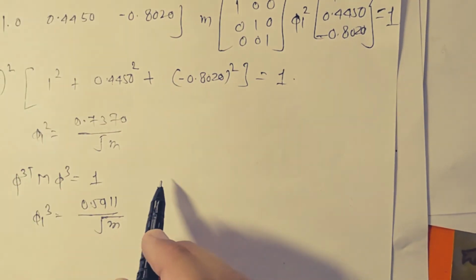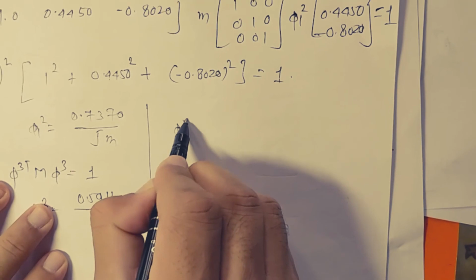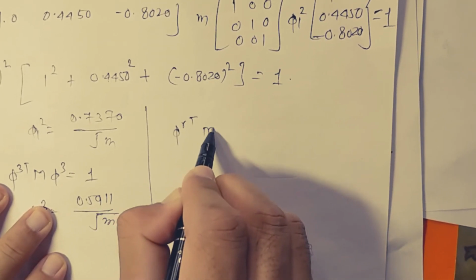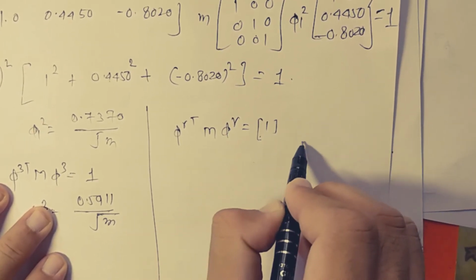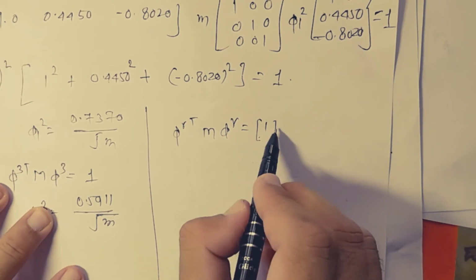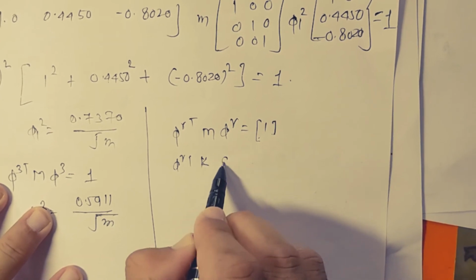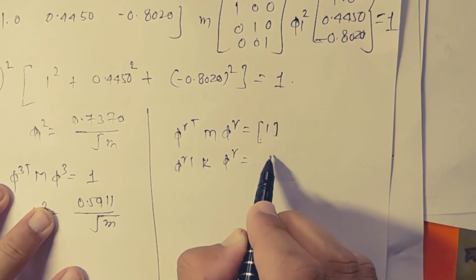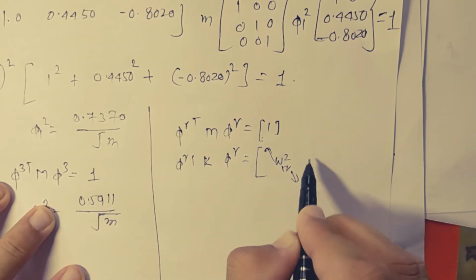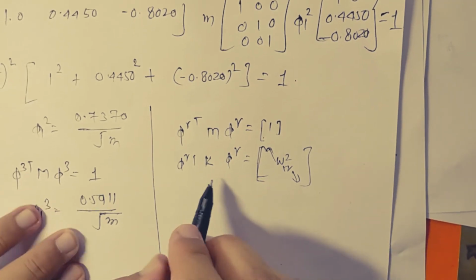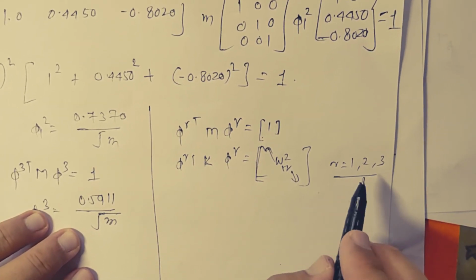So if we orthonormalize the mode shapes, we'll get phi r transpose m phi r is equal to the identity matrix, r equals 1 to 3, and phi r transpose k phi r, where k is the stiffness matrix, would be an omega r squared diagonal matrix, with r equals 1 to 3 if we are talking about a 3 degree of freedom system.